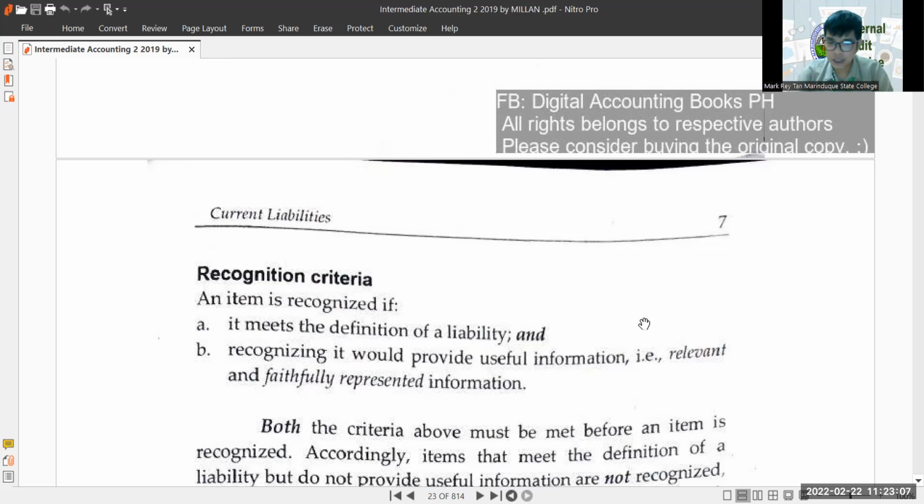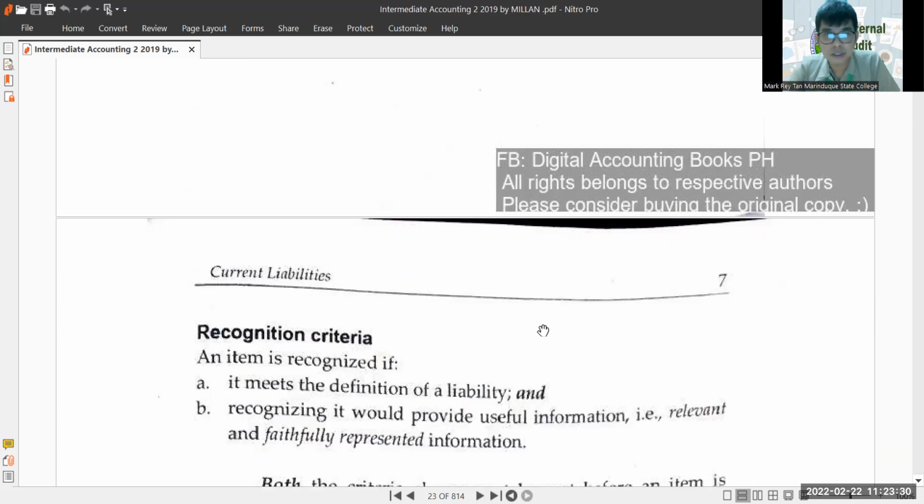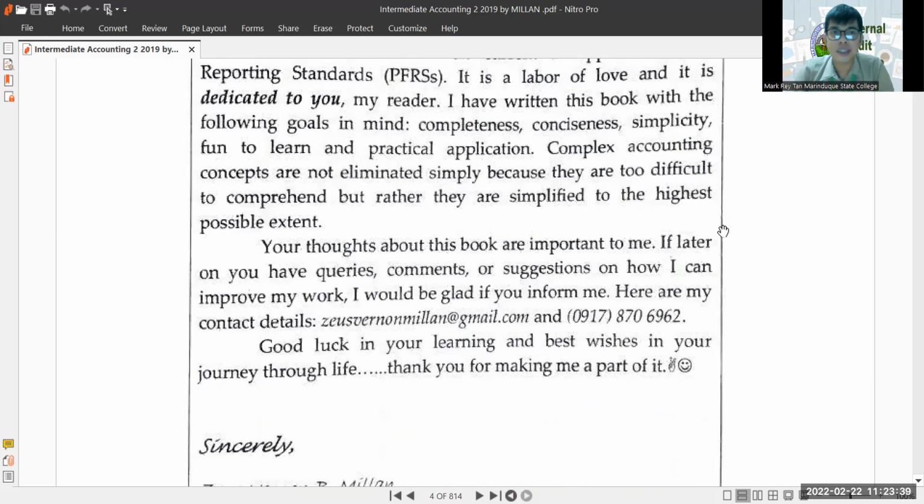Ayan. So, this is page 7, pero page 6 sa libro. Page 7 nga, same lang. So, just for your information, itong recognition criteria, it is the first learning objective of the chapter. So, balikan natin ng konti. Ilang minuto na yung lumipas, pero wala pa pala tayong nadi-discuss na learning objective.